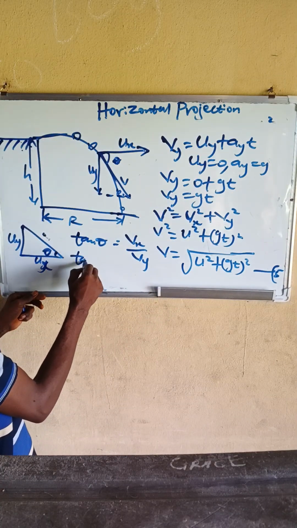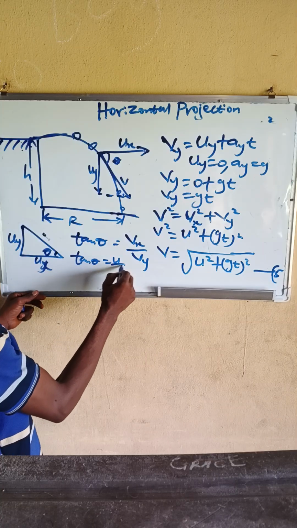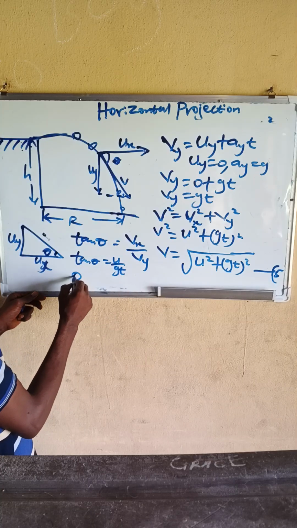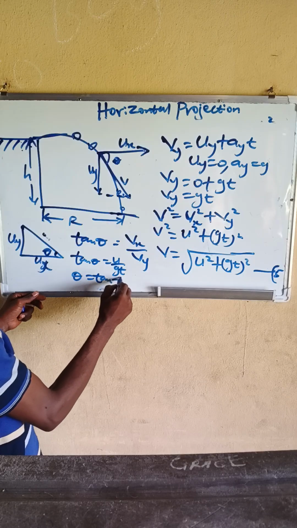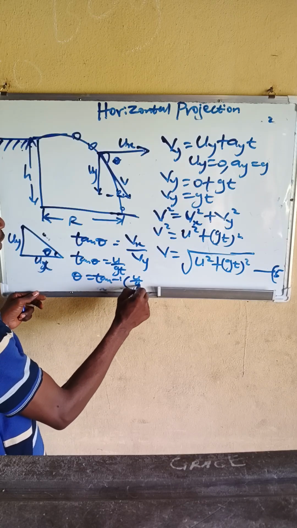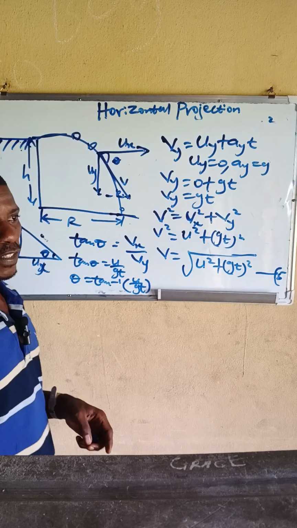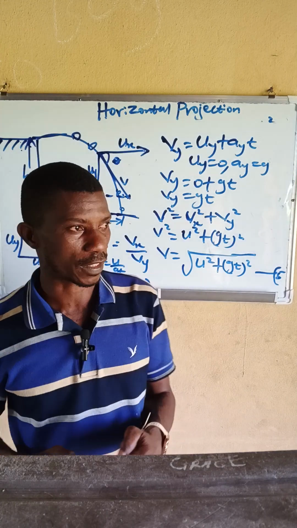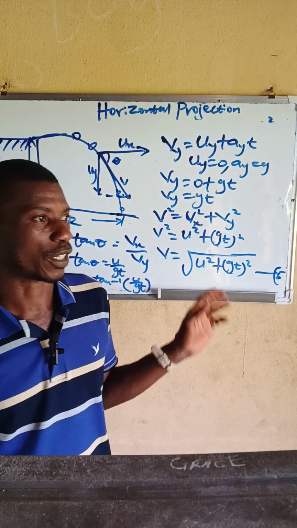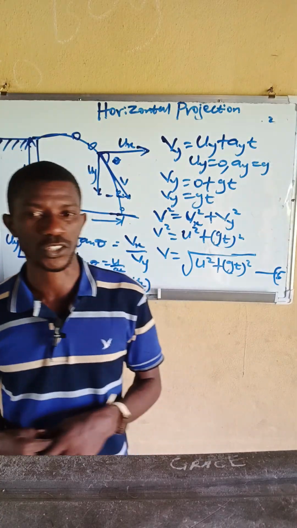So I have tan theta equal to gt over u, so theta will be tan inverse of gt over u. So this is the angle. These are the various equations.